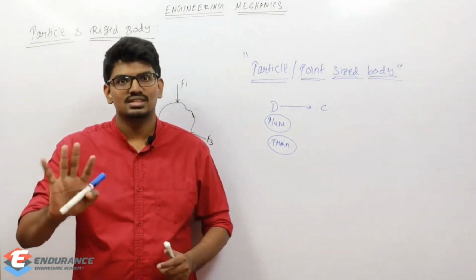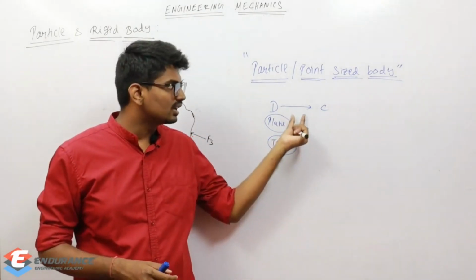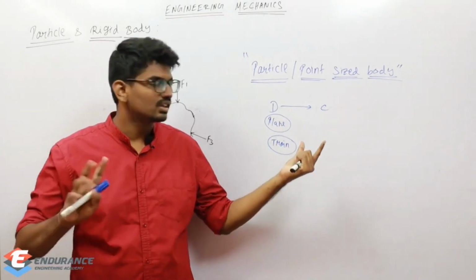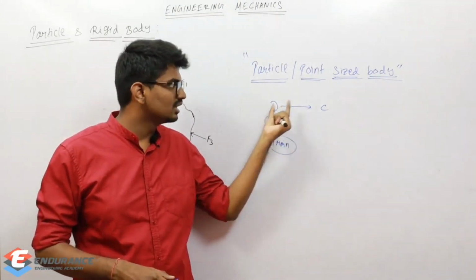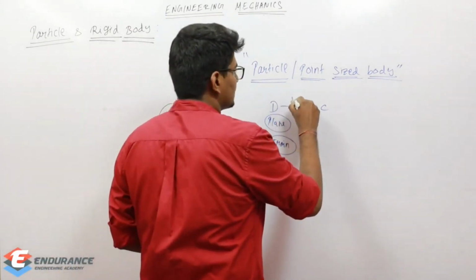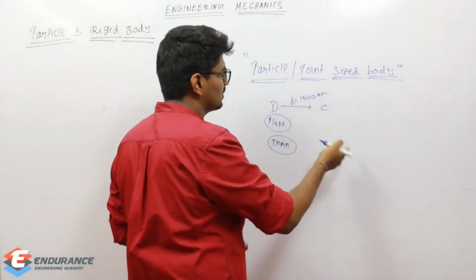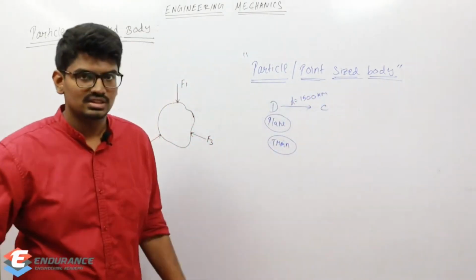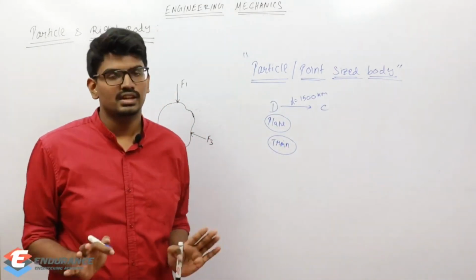Let us consider something around 1500 kilometers, and it will vary depending on which mode of transport you are traveling in, plane or train. The distance will vary, approximately 1500 kilometers.